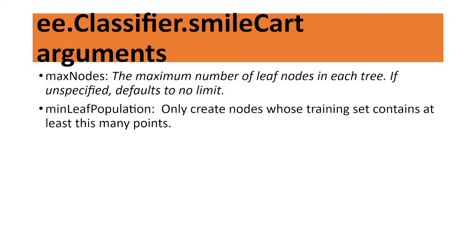So min leaf population relates to the number of training points. Basically you get two arguments for classification and regression trees. Here we are using max nodes; min leaf population is not needed. Max nodes tells how many final outputs I can get from here.